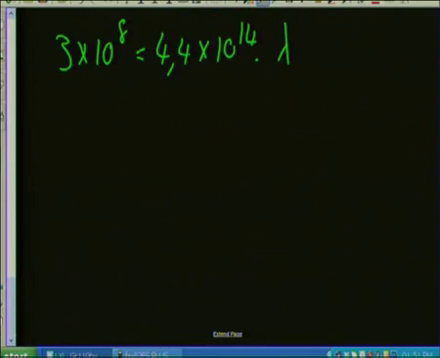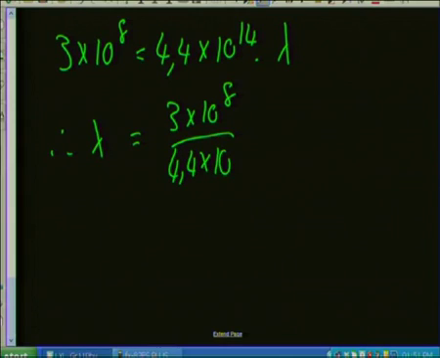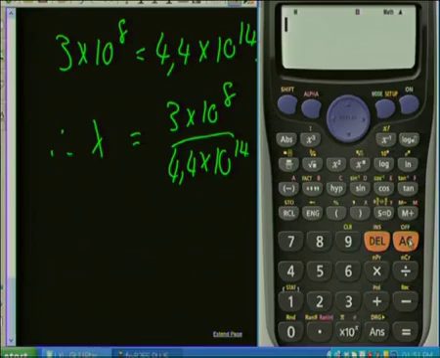Now, there again, you can change the subject of the formula and say, therefore, that the wavelength is 3 times 10 to the 8 divided by 4.4 times 10 to the 14. And remember, this is going to give you an answer in meters. Okay, so let's get it up and let's clear our calculator. We're going to go 3 exponent 8 divided by 4.4 exponent 14.